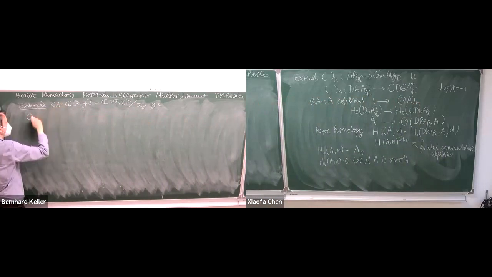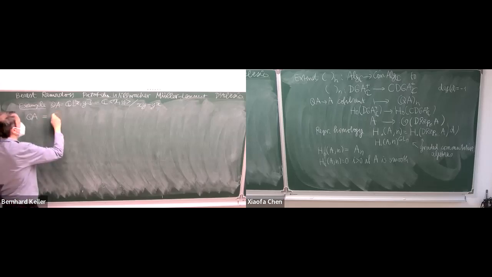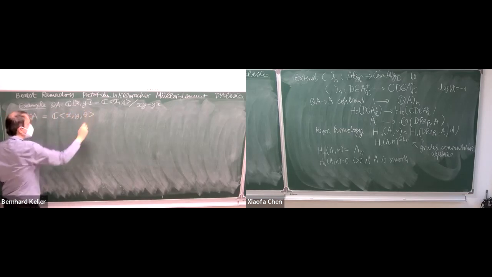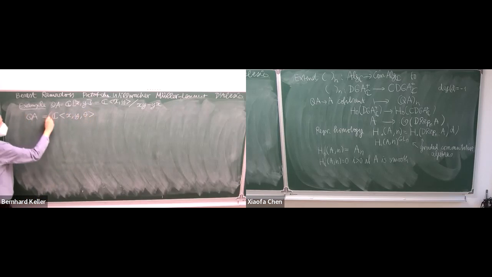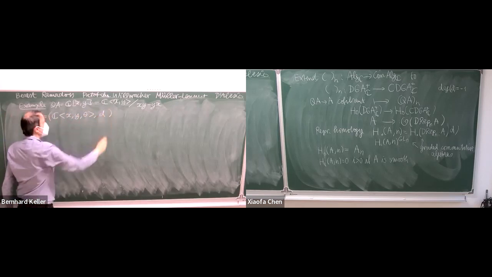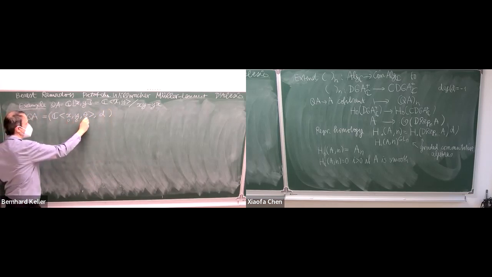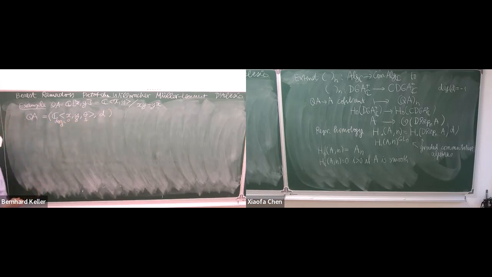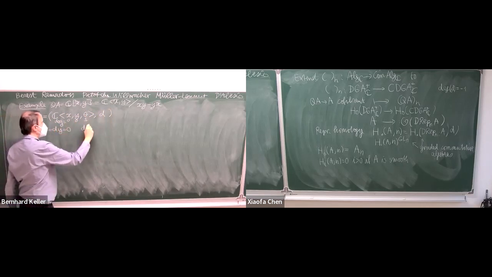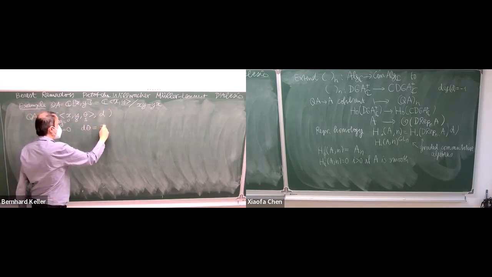Now the resolution will be: you take three variables, x, y, and theta. It is a differential graded algebra, so you have to give a differential and you have to give degrees. So x and y are of degree 0, and theta is degree 1. And then you say that dx equals dy equals 0, and dtheta is equal to xy minus yx.